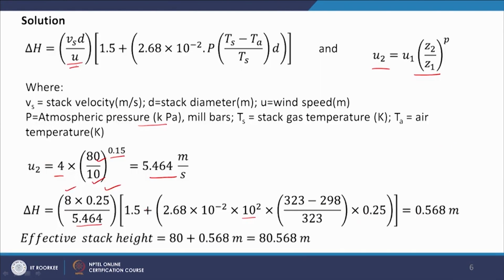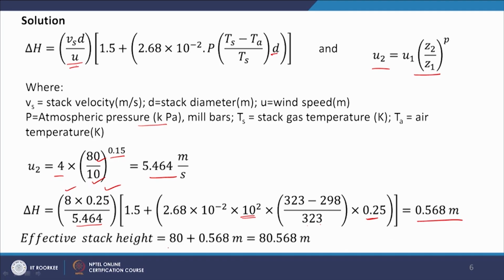So, we have to convert atmosphere to kilopascal, 10 square. So, this will be multiplied by 323 minus 298, 323 because the temperatures are 50 and 25, so 323 minus 298 by this and into stack diameter. So, we are getting 0.568 meter.